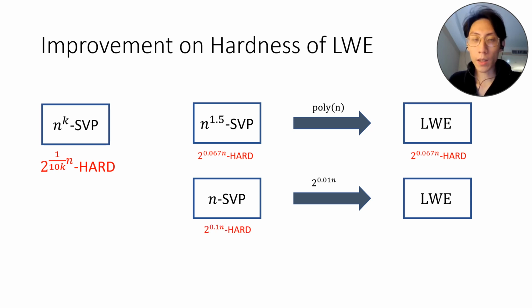On the other hand, when we plug in the number for n SVP, we assume that it is 2 to the 0.1 n time hard. Now even after running a 2 to the 0.01 n time reduction, the conclusion that we can make for learning with error is that it is 2 to the 0.09 n time hard, which is much stronger than the conclusion that we obtained from the polynomial time reduction.